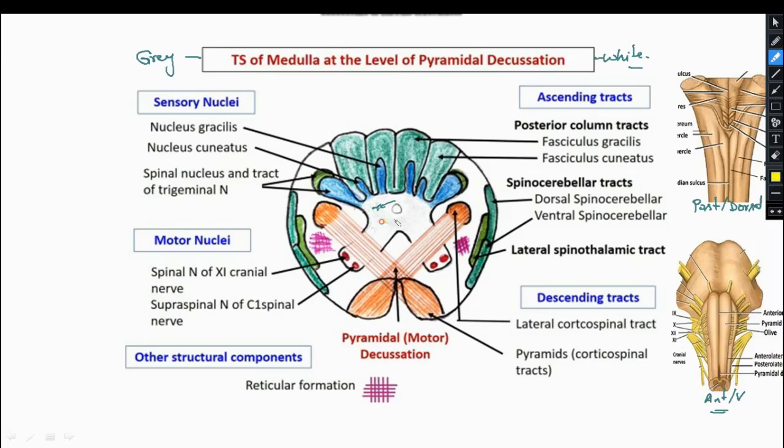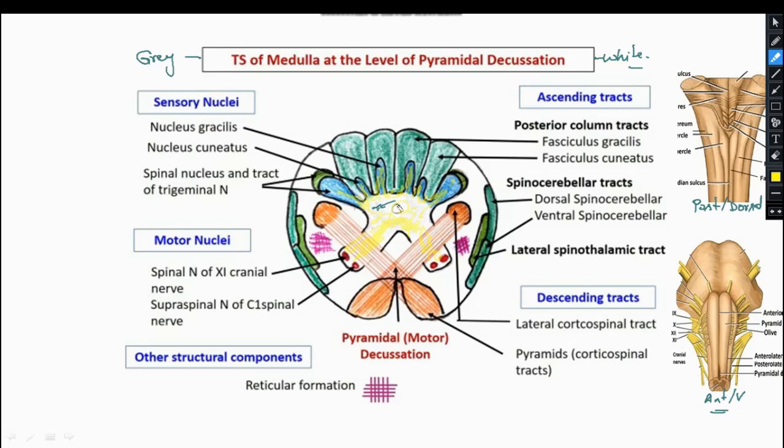This region which I am marking in yellow color is the central gray matter. These are all the central gray matter.